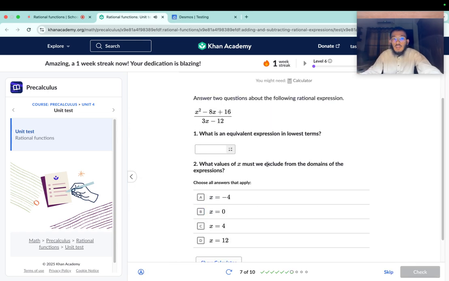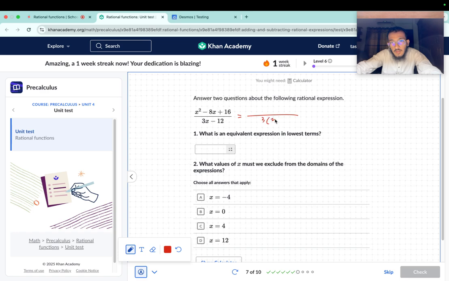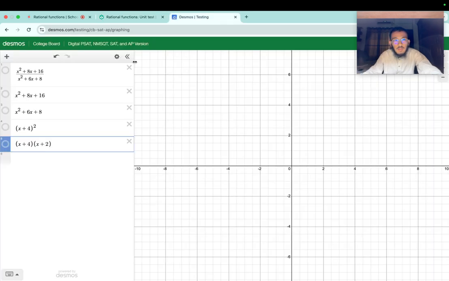There we go. Answer questions about the following rational expressions. Which is an equivalent expression in lowest terms? We have to factorize. So if I take out 3 common here, we get x minus 4, because 4 3s are 12, and x squared negative 8x plus 16.